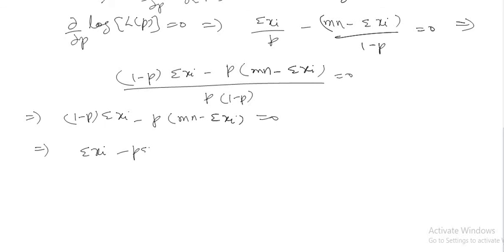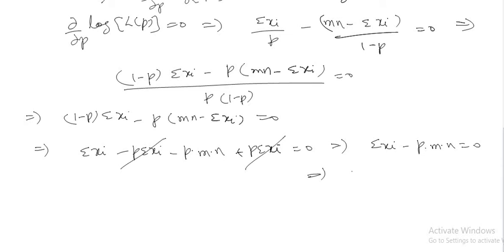Summation xi minus p summation xi minus p into m into n plus p into summation xi equals 0. Minus p summation xi plus p summation xi gets cancelled. That implies summation xi minus p into m into n equals 0, that implies p into m into n equals summation xi.